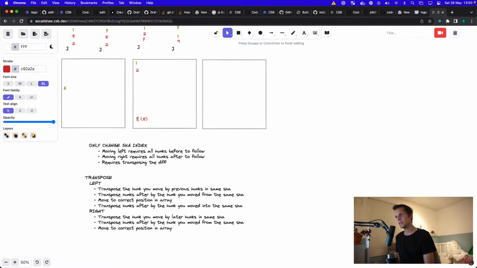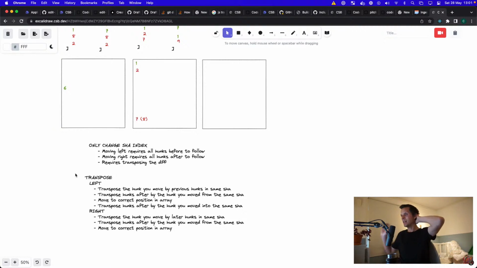But we can't do that because then suddenly it's 6, right? That's not the case. Yeah, this is breaking. There's something fundamental to this that I'm not understanding.